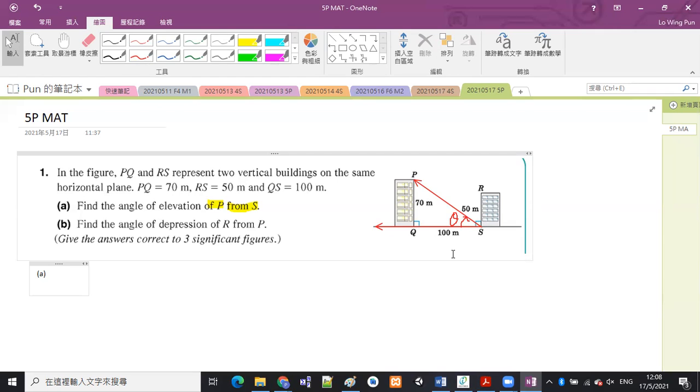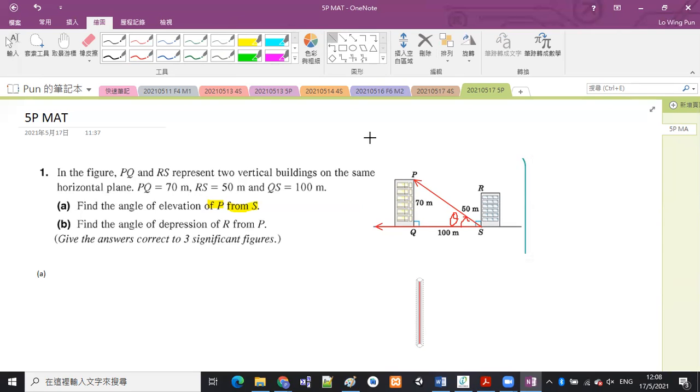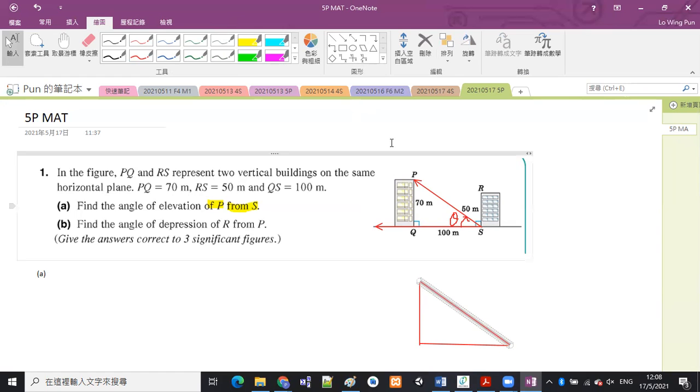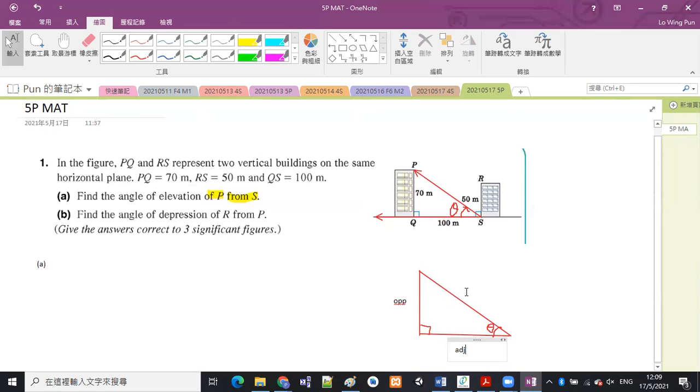Okay. So just a very quick revision. Let me draw a right angle triangle first. If this is the angle theta, then we have the opposite side, OPP, the adjacent side, ADJ, and the hypotenuse, HYP.